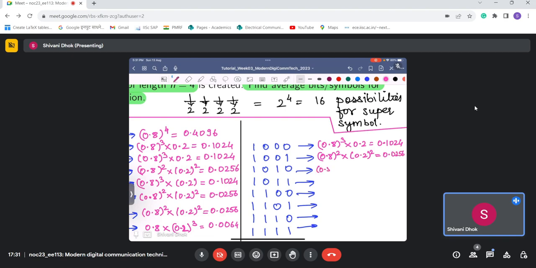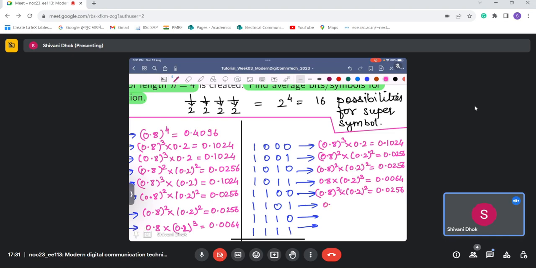Again we have 0.8 square into 0.2 square, which is 0.0256. Now here 1 appears three times and 0 appears once, so this is 0.8 into 0.2 cube, which is equal to 0.0064. Same here, we have 0.8 square into 0.2 square, so this is 0.0256.